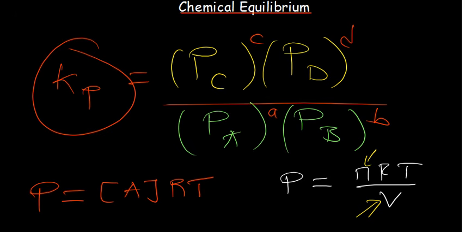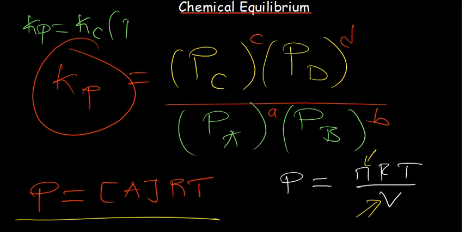This is something that we have. So from this relationship, we should be able to relate Kp and Kc. So ultimately what you guys need to understand is that your Kp is equivalent to Kc multiplied by RT raised to the power change in number of moles.